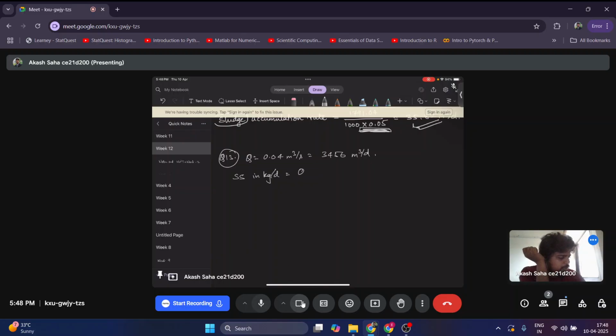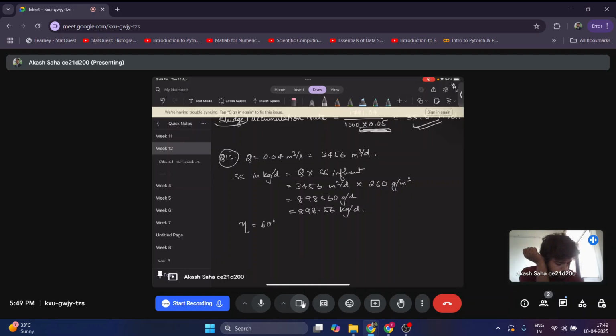That will be Q into the suspended solids that is coming. So it is around 3456 meter cube per day into 260 gram per meter cube, or milligram per liter. So that is around 898560 gram per day, or 898.56 kg per day.